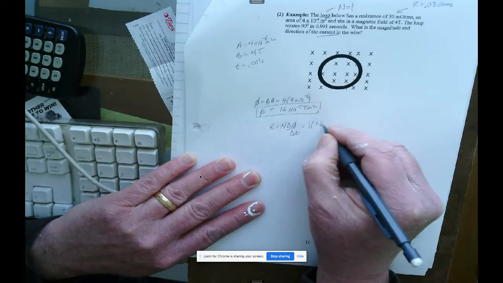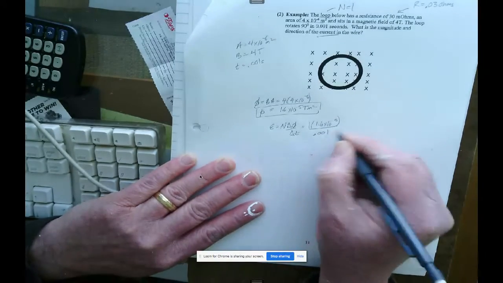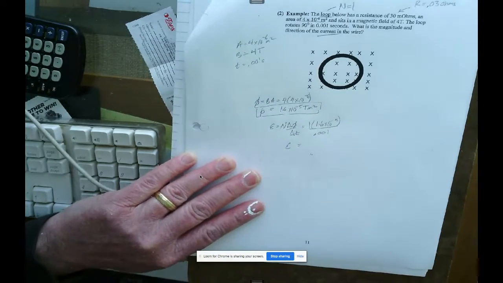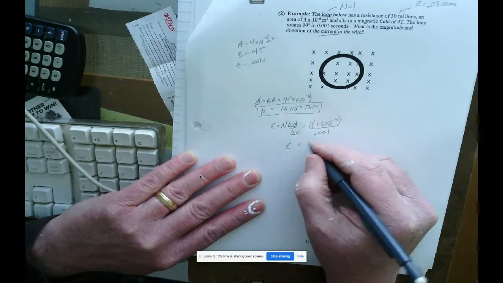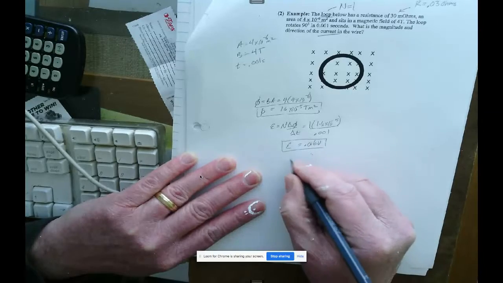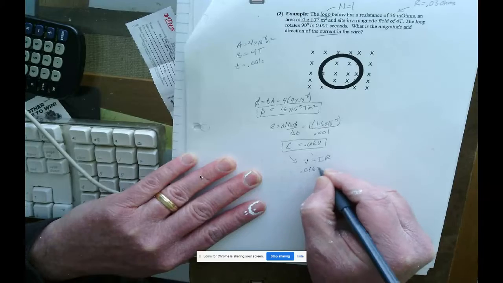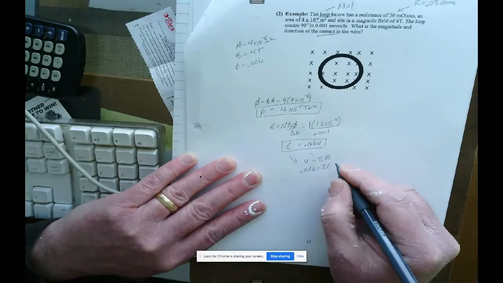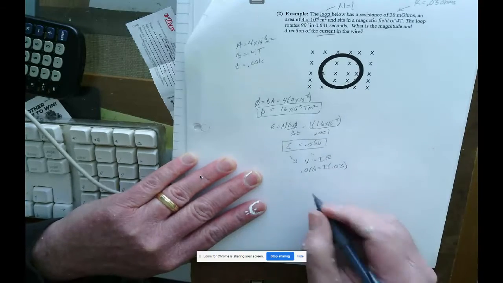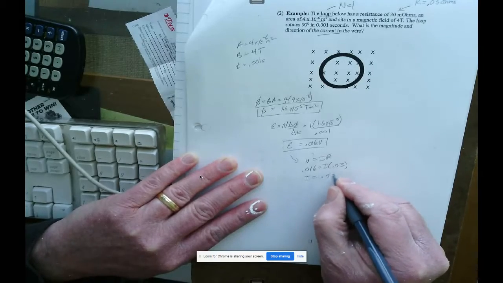The flux is 1.6 times 10 to the minus 5th, divided by 0.001, and that's going to give me electromotive force, or EMF, of 0.016 volts. And then we're going to plug that into V equals IR. 0.016 is I times 0.03 for our R, which we had up here, and we end up with a current of 0.53 amps.